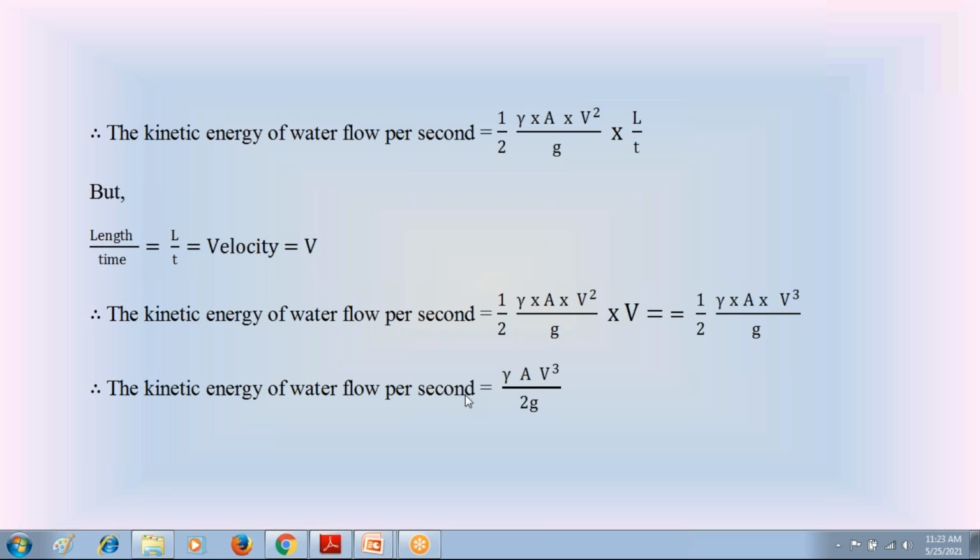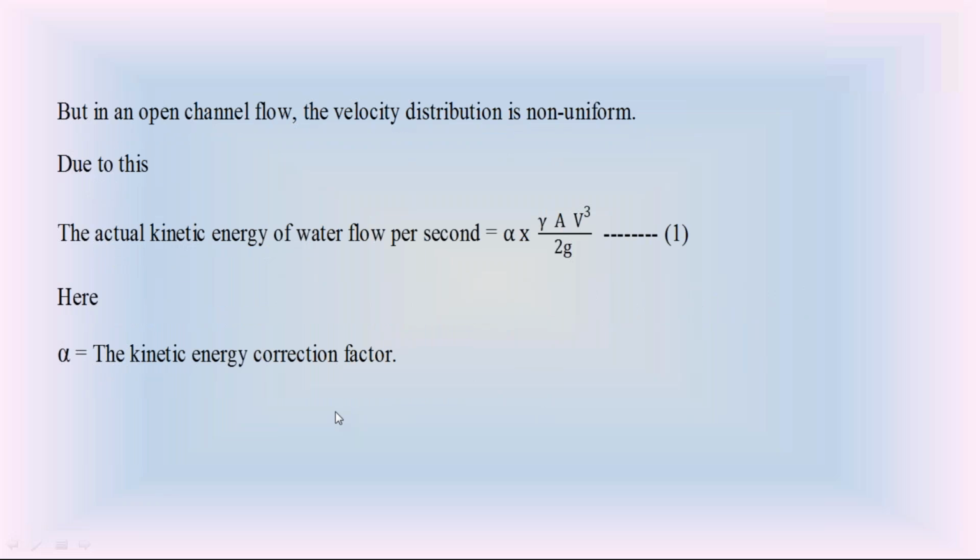But by using this kinetic energy, we can calculate the actual kinetic energy of water flow per second in the open channel. So please follow this next slide. Just now we calculated the kinetic energy of water flow per second by using the mean velocity.